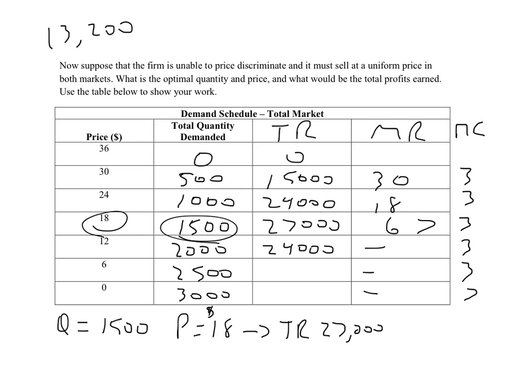Okay, so I'm going to go up to the top here. I'm going to have to try to squeeze this in. So 27,000 in revenue. There were $12,000 in fixed costs. And remember, variable costs are $3 per unit.